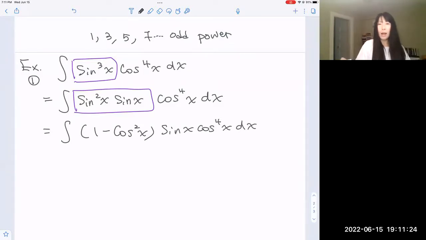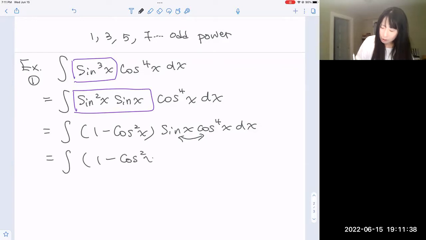Now I want to switch the order. It's a multiplication, we can do that. So we will have 1 minus cosine squared x, then cosine to the fourth power, and sine x dx.